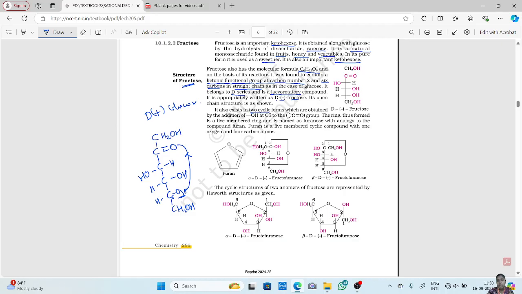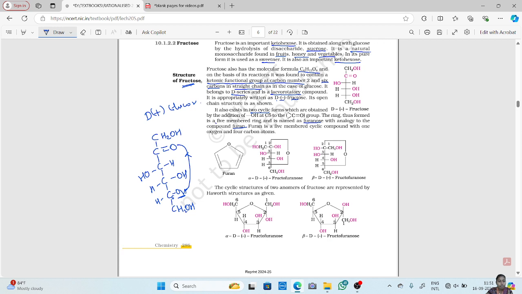This ring thus formed is a 5-membered ring and is named furanose, by analogy with the compound furan. In glucose it was a 6-membered ring, pyranose.